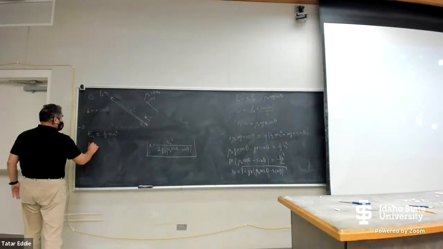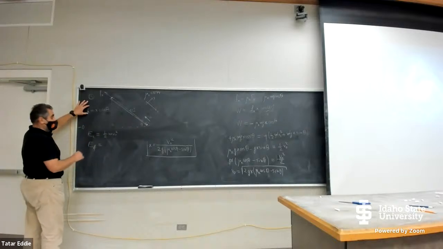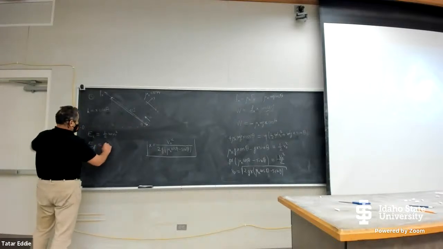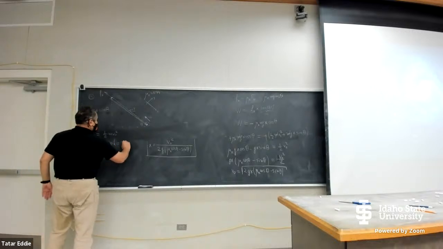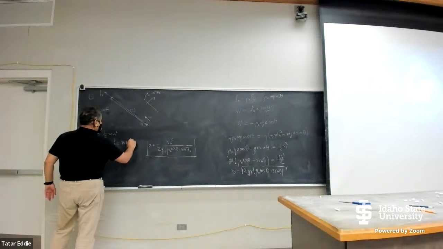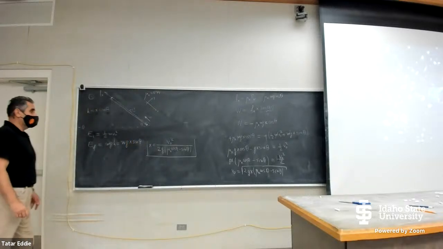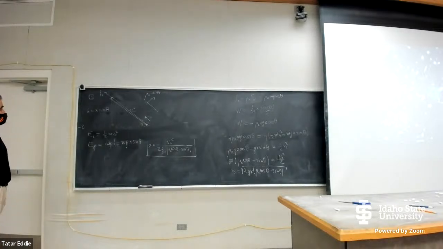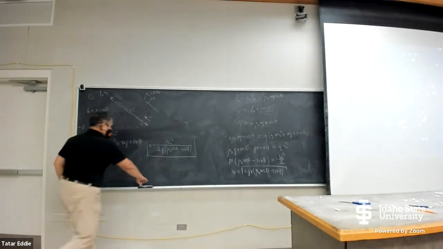The final energy when you're at rest is going to be mg times this height. In other words, it is going to be mg x sine theta. So you have the initial and the final energy.